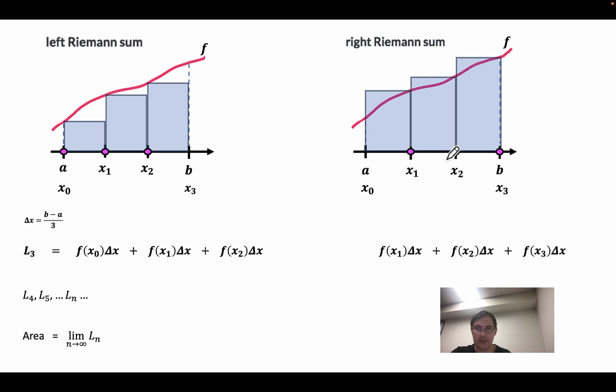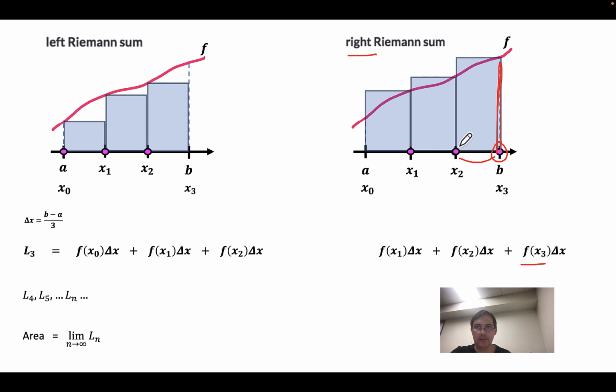And we do something similar with the last one. This is the small subinterval that goes from x2 to x3. Because we take the right endpoint, the right endpoint of this small subinterval is x3. Then we evaluate f at that point x3. This is exactly f of x3.